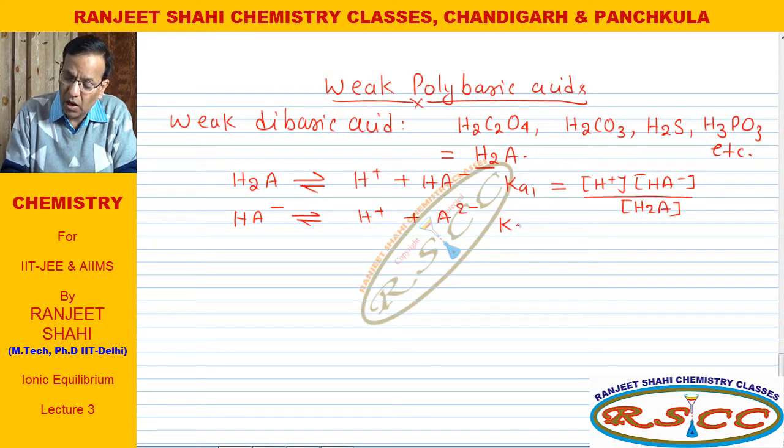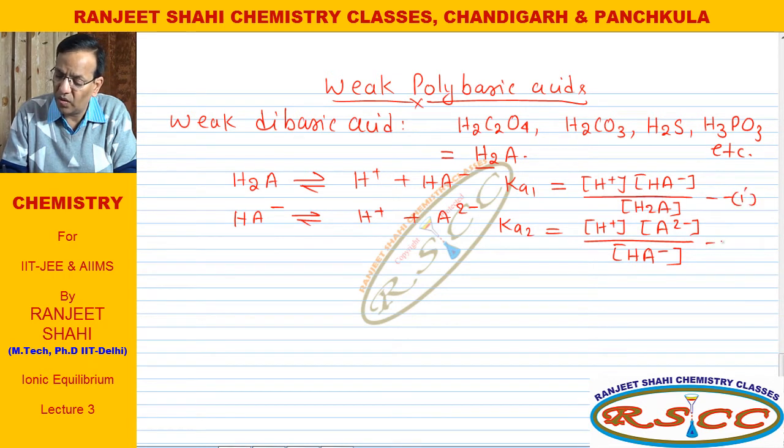Similarly, K2 can be defined as the concentration of hydrogen ion into the concentration of A2- ion divided by the concentration of HA-. Let us call them equation 1 and equation 2.